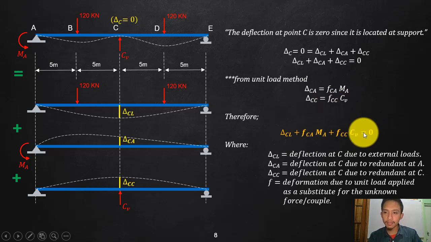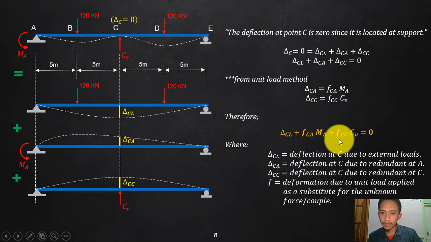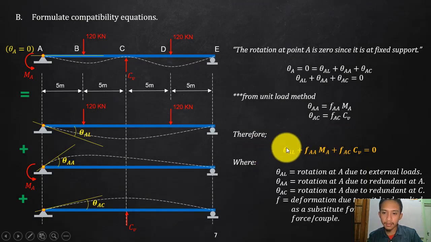Okay, so as you can see, you have this first equation and this second equation. If you look here, theta AL, since your loads are given, we can actually solve the rotation at A due to the external loads.